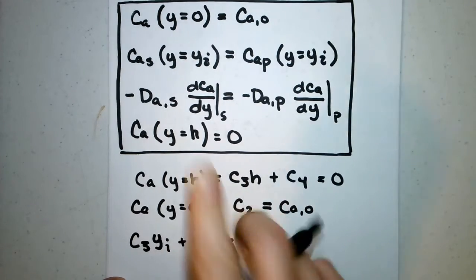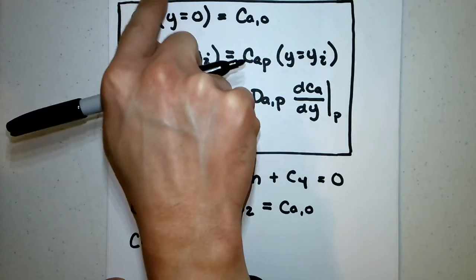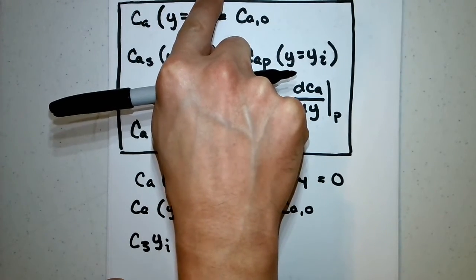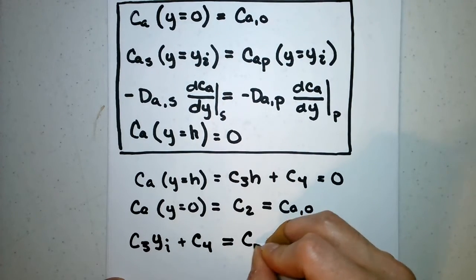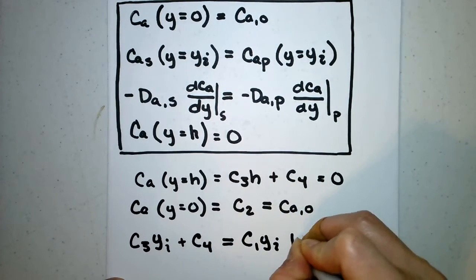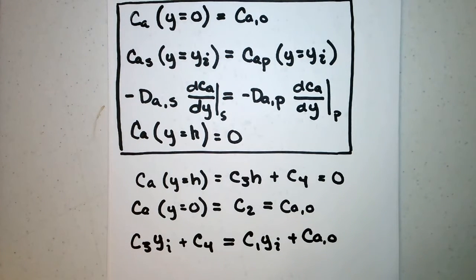That's equal to the concentration in the Pyrex at y equals y sub I. So it's just C1 y sub I plus CA naught. All right, so that's our third equation.